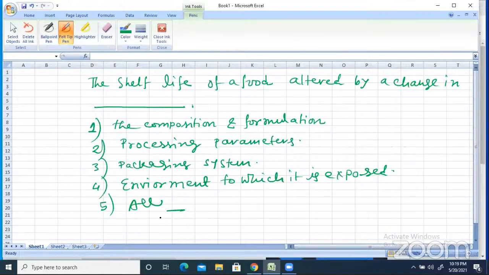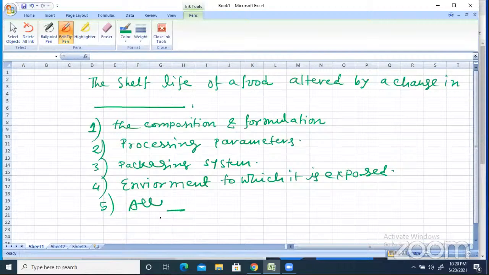Which one will be the correct answer? The question is: the shelf life of a food is altered by a change in, obviously all, because the shelf life of a food generally depends on the intrinsic factors. What are those intrinsic factors? Product characteristics, including your formulation and processing parameter. And extrinsic factors are what?